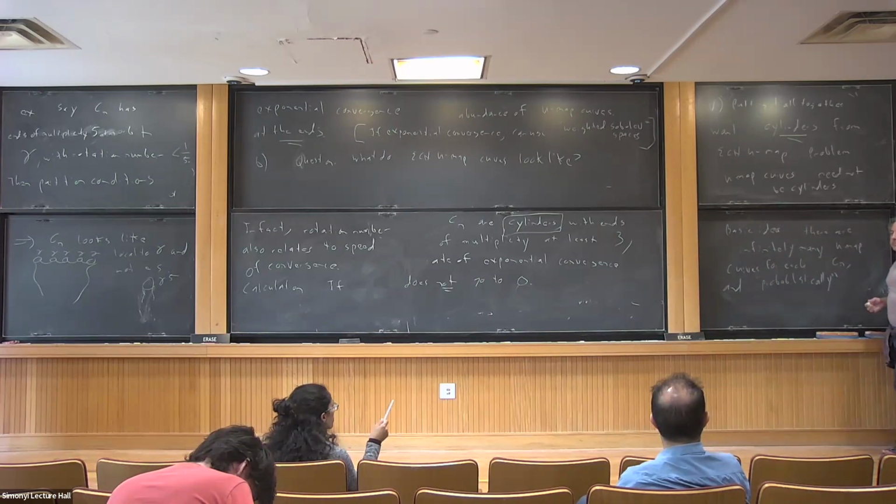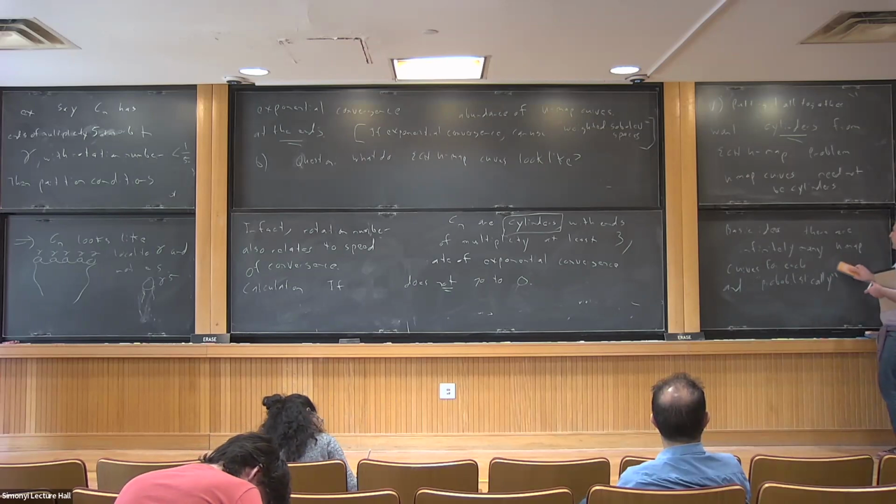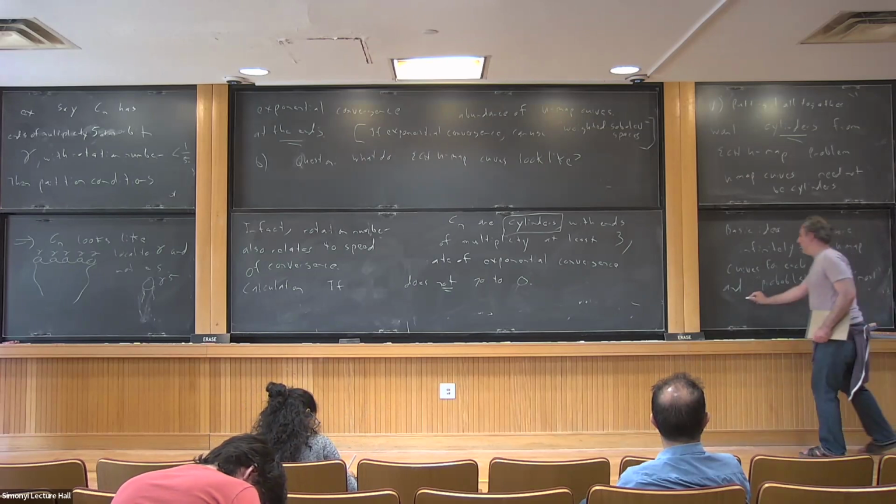Do you mean for each lambda? For each, yeah, sorry. Oh, for each lambda. Thank you. Yes, for each. And so we show that probabilistically, most actually are cylinders.